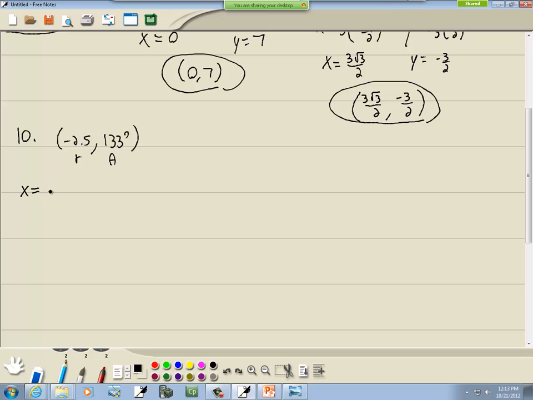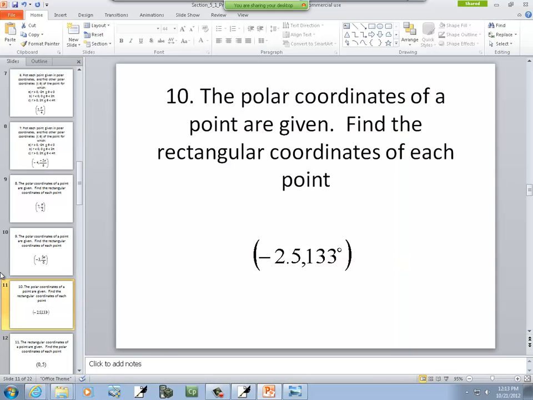Remember our formulas, x is equal to r cosine theta, and y is equal to r sine theta. So I got x equals negative 2.5 cosine of 133 degrees, and y equals negative 2.5 sine of 133 degrees. Doesn't say how many decimal places. I'll take them to 2, I guess. I don't think it says. No, it doesn't.